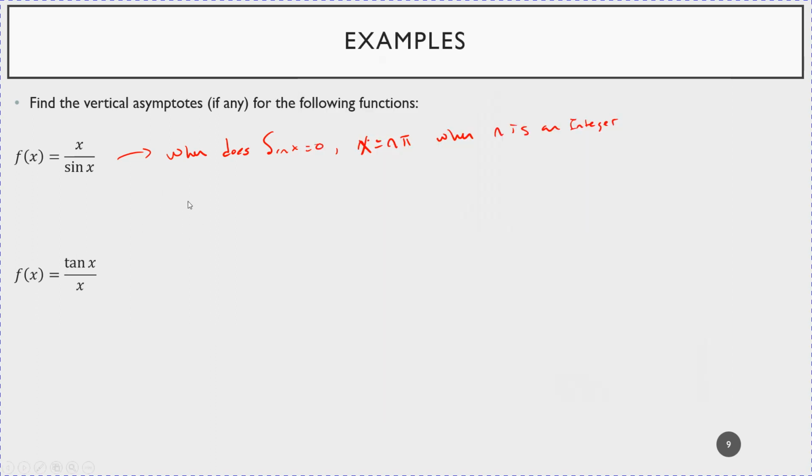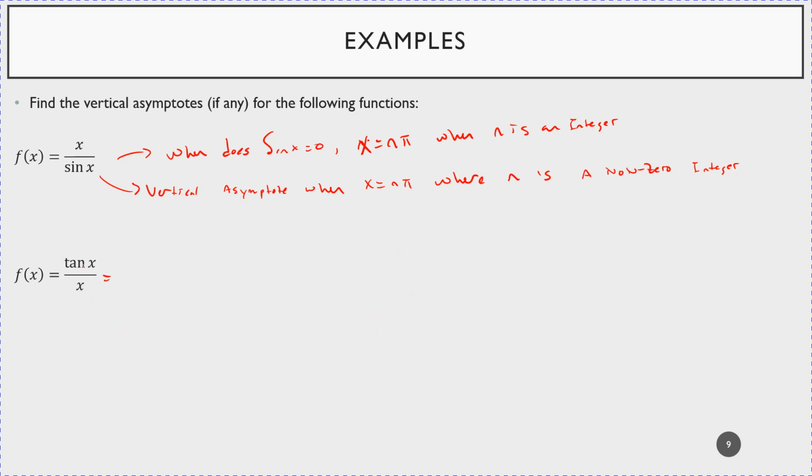So when does this thing have vertical asymptotes? When x is equal to n pi, where n is a non-zero integer. Okay, non-zero integer.